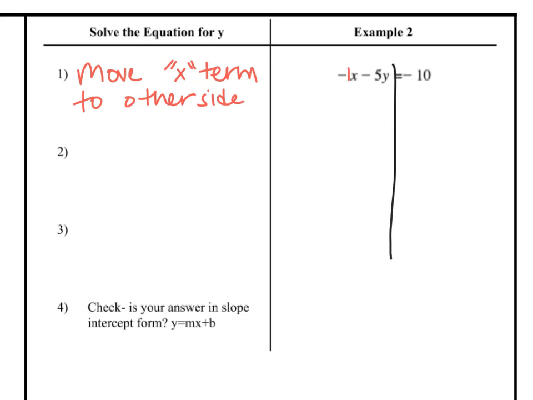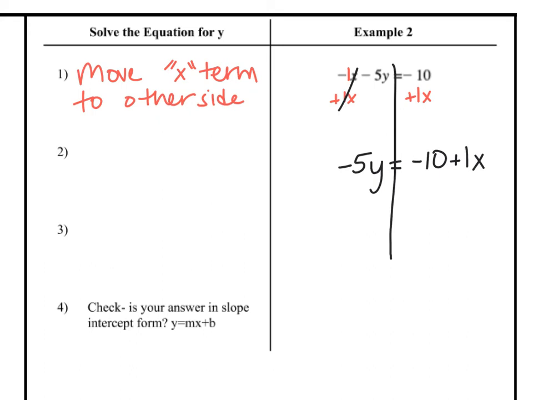So to move it over, since it's negative, I do the opposite and add 1x to both sides. Negative 1 plus 1 cancels out, and my new equation is negative 5y equals negative 10 plus 1x.